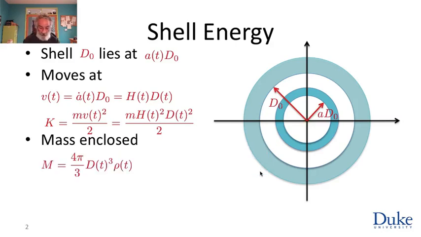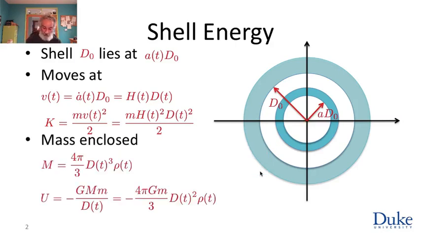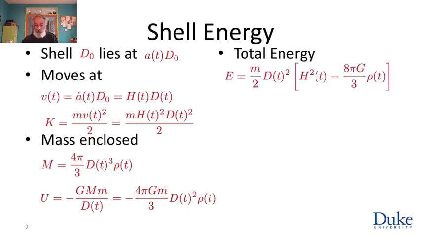So let me write it cleanly. And here is my expression for the kinetic energy of the shell and the potential energy. And since there are no forces acting other than gravity, the total kinetic plus gravitational energy is conserved. So I can write an equation that gives me the total energy by adding these two, and I can extract from both of them a factor of m. Of course, everything is proportional to m.